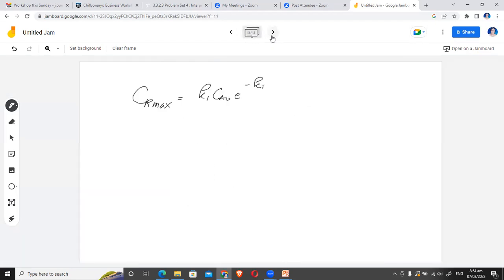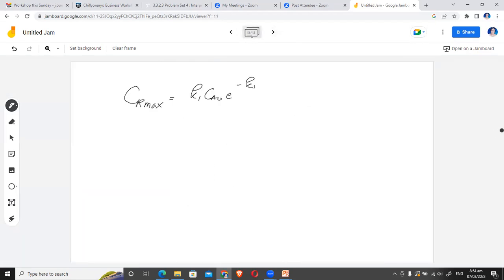You're going to multiply it to T, and this T is 1 over k sub 1. You're going to multiply this entire expression by 1 over k sub 1. So your maximum concentration then is equal to, this cancels, so that would be CaO e raised to negative 1.